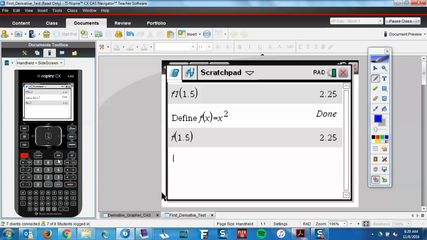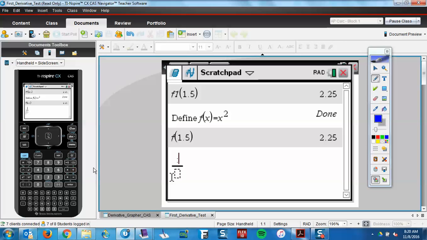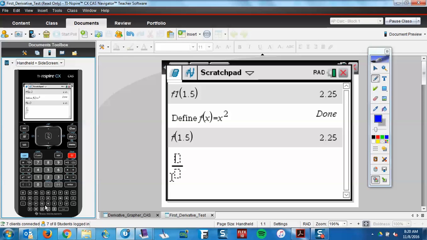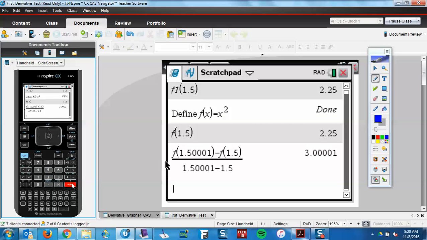I can grab myself a fraction right here, and I'm going to type in f parentheses 1.5001, right arrow, minus f parentheses 1.5, go down, 1.5001, minus 1.5. And just type it in there, right there.